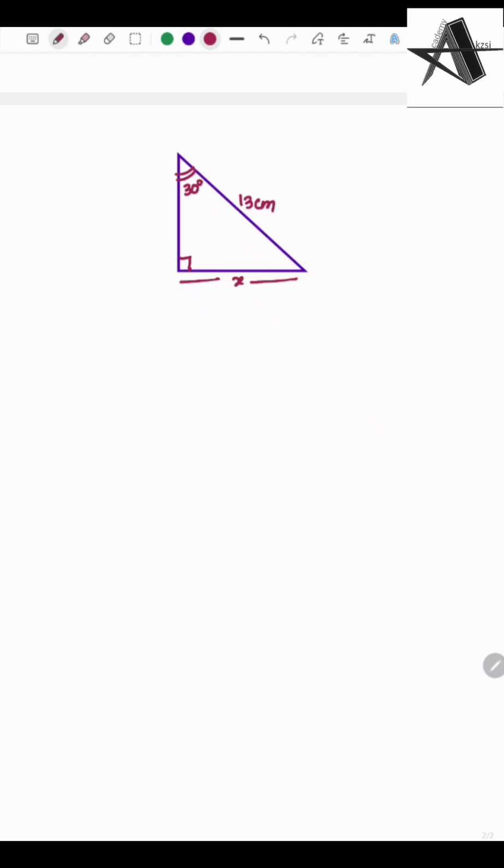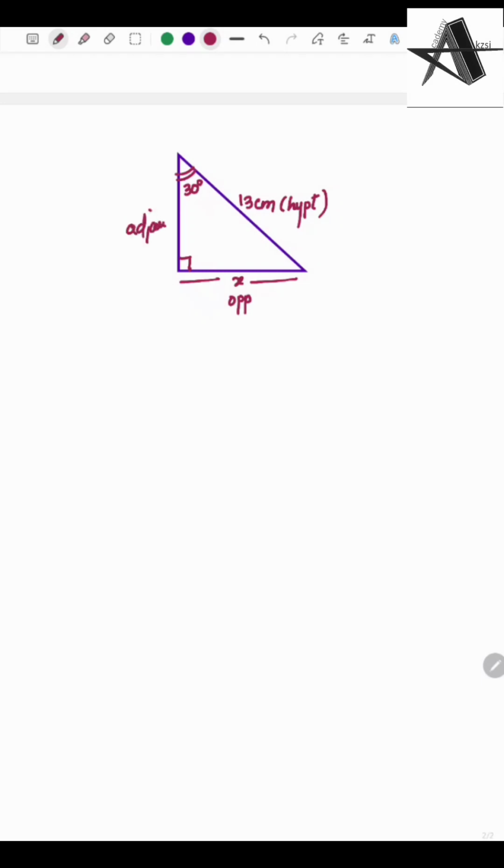What we have to do first is see what all these sides are, that means define what is adjacent, hypotenuse, and opposite. Definitely the side opposite to 30 degrees is going to be opposite. The side opposite to the 90 degree angle is hypotenuse. So the remaining is definitely adjacent.